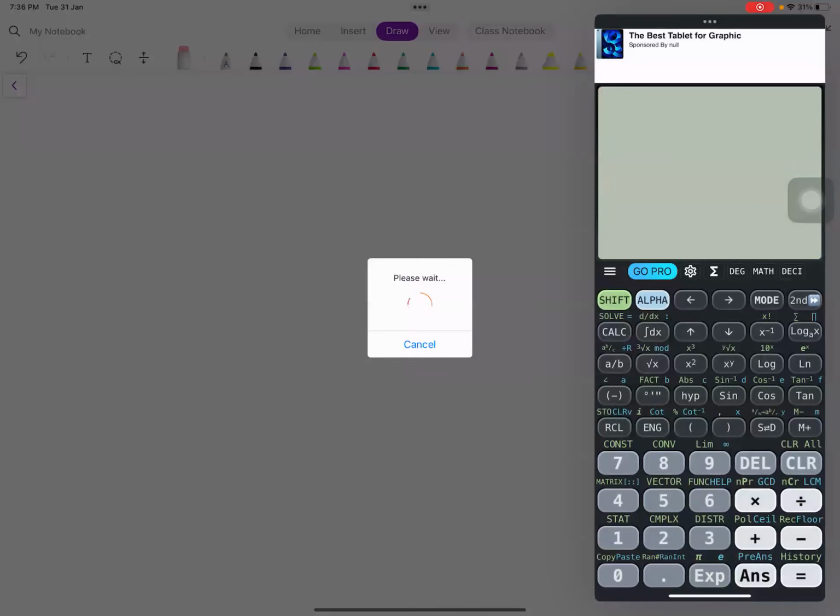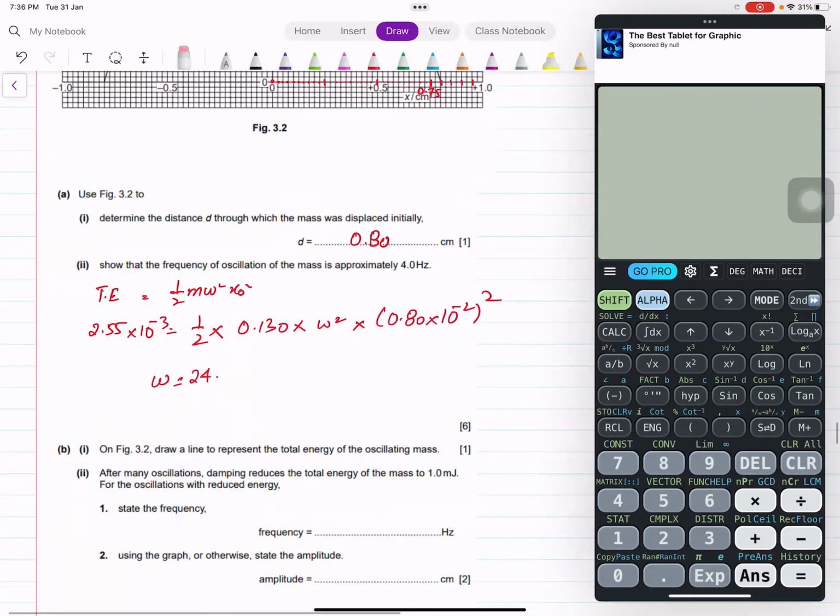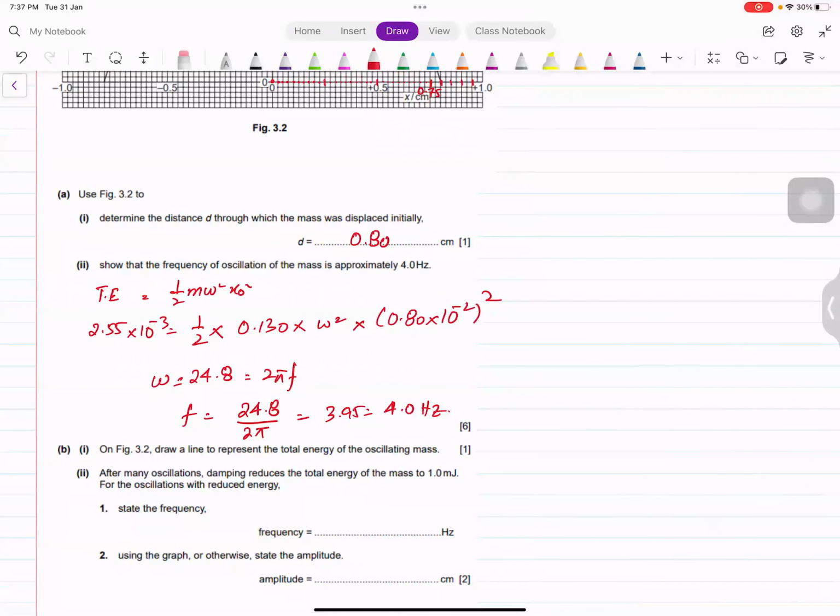Omega is 24.8, so f would be... Omega is 2 pi f. So f will be 24.8 divided by 2 pi. Can you do that? 3.95. Yeah. So I was right about him, right? He was generous. You guys are basically not agreeing with me.